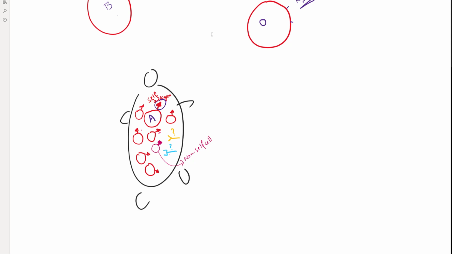So I need the antibodies for the non-self antigens because those antibodies would come and bind the non-self antigen. Whereas if I had a self antibody attacking the self antigen, we would be in big trouble. So always the antibodies will be for the opposite blood type, for the blood type that we don't have, okay?